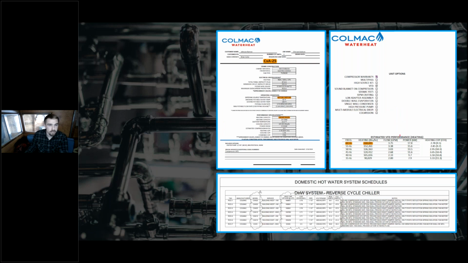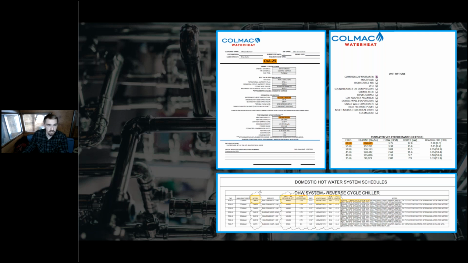So there's some important information here that you want to make sure lines up with the original design schedule, which is the equipment supplied as the designer understands it. Right, so we have the model of the heat pump water heater, as well as the design temperature and the heating capacity that it will operate at that design temperature.